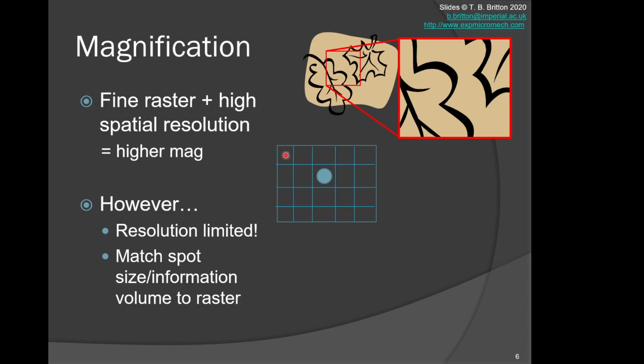Another very important factor is the idea of spot size. Spot size is basically how representative the point that you're scanning in the microscope is of the area that it represents. And that's a really subtle but important point.